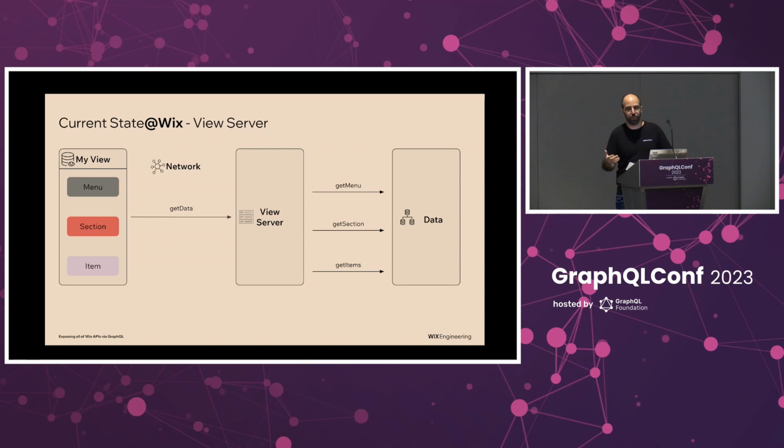So we thought that we were smart in Wix around 6 or 7 years ago. Our go-to solution for Wix developers was to tell them to build a view server, meaning that if you need to aggregate data, then build a view server that would aggregate the data. And eventually, you'll find yourself dispatching a single request to the view server. The view server will dispatch 3 requests, but they will be within the data center.